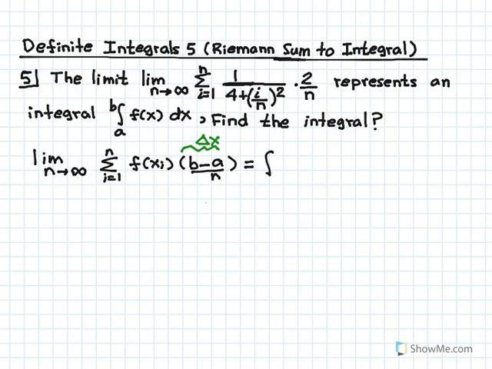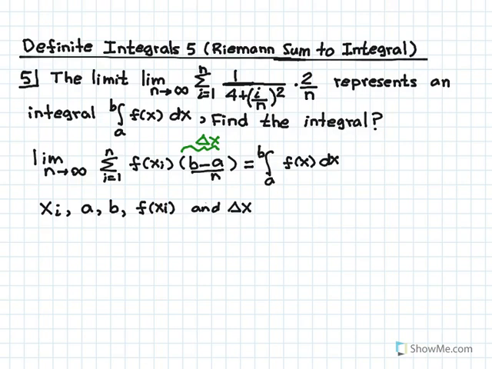And this is equal to the definite integral from a to b of f of x dx. Let's find xi, the x values, the lower limit a, the upper limit b, the function f of xi, and delta x, which is a common width.